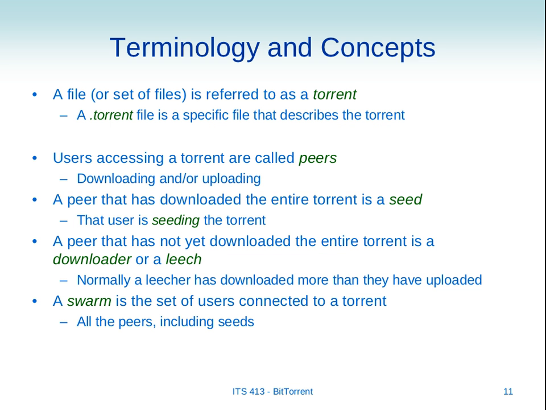So there are a set of computers in the network, in the peer-to-peer system. The users accessing a particular torrent are called peers. In the internet, there may be multiple files available, multiple torrents available. We'll focus on the transfer of just one torrent. The users accessing a torrent are called peers.